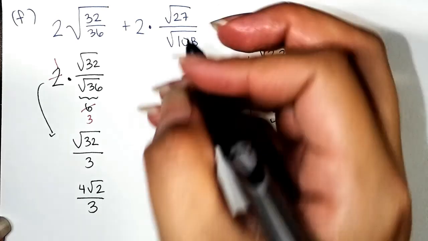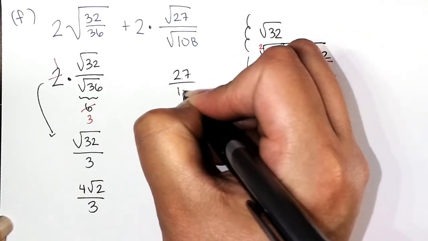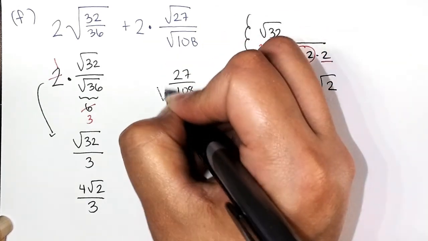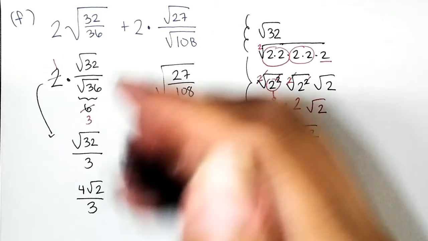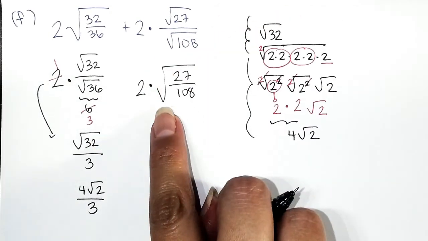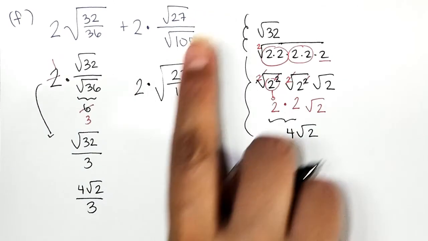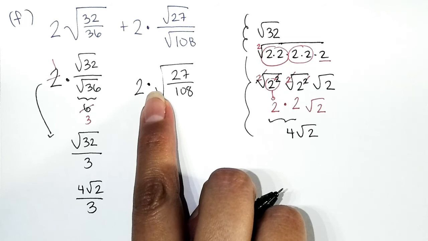So we're going to write this as square root of 27 over 108, and now a single radical, we're multiplying it by 2. Because we no longer have a quotient of 2 radicals, the raised dot is no longer needed, but I did it for fake extra credit.